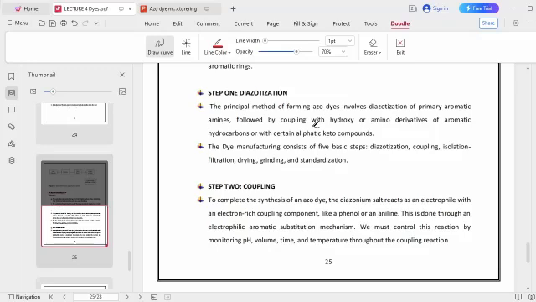And then this diazonium salt is coupled with hydroxy or amino derivatives of aromatic hydrocarbons. The steps involve diazotization first, then coupling, then isolation or filtration, drying, grinding, and standardization.